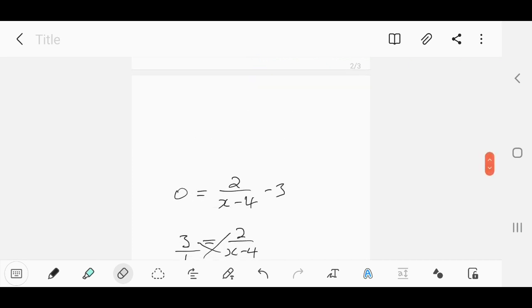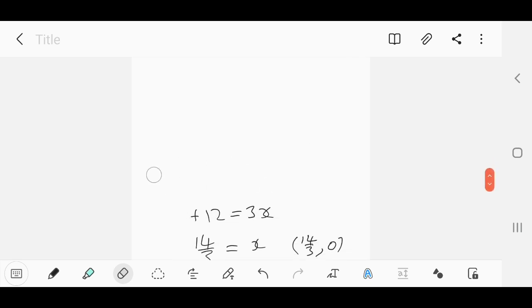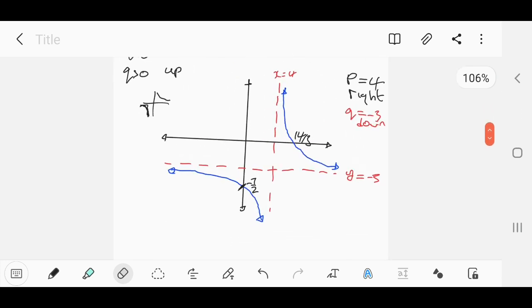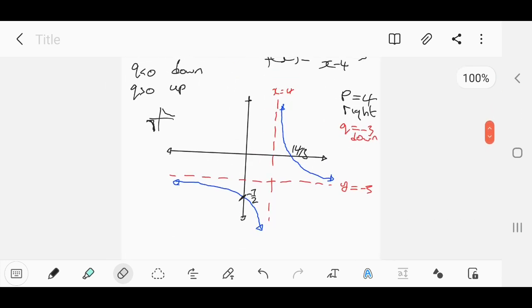Now, what is the domain of the function? The domain is all the x values that are part of the function. So here you can see that the graph involves all x values down to negative infinity, and all x values up to positive infinity, except this x equal to 4.